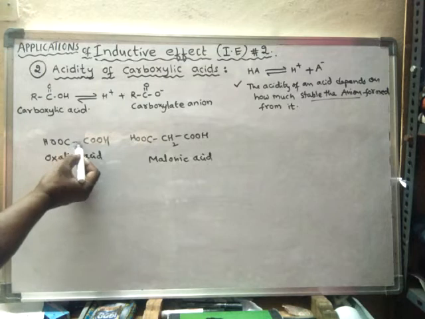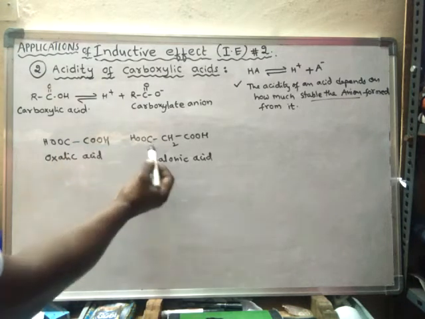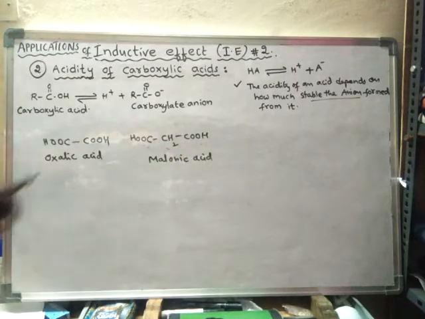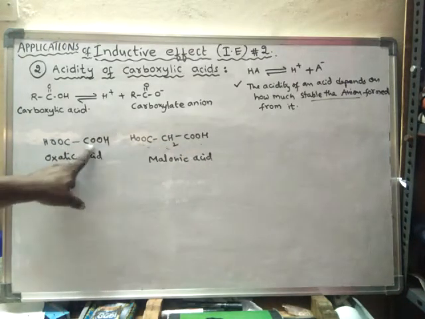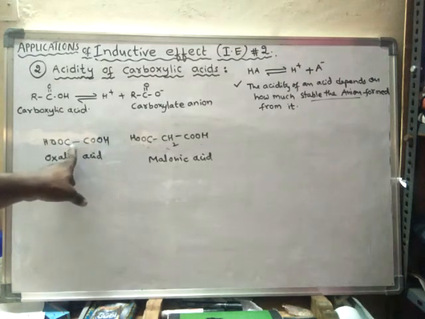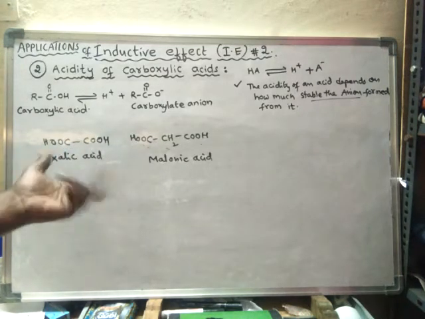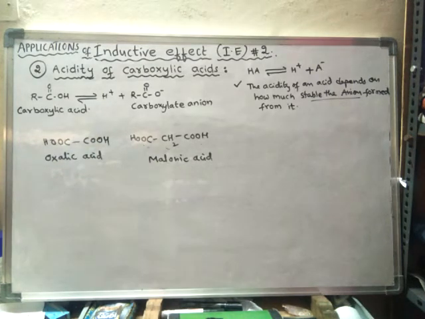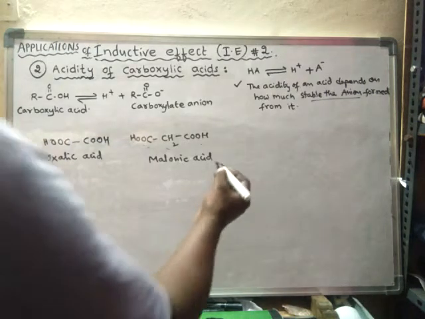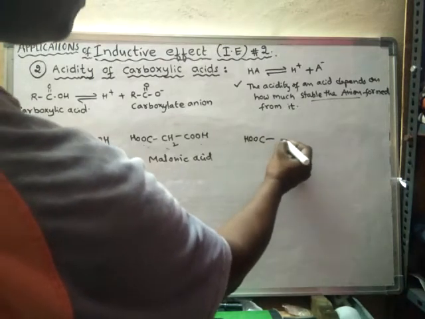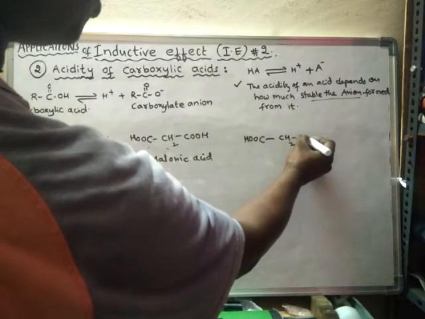Between the COOH groups in malonic acid there is one CH2 group. But in oxalic acid, between the two COOH groups, there is no CH2 group. In succinic acid, between two COOH groups, there are two CH2 groups.